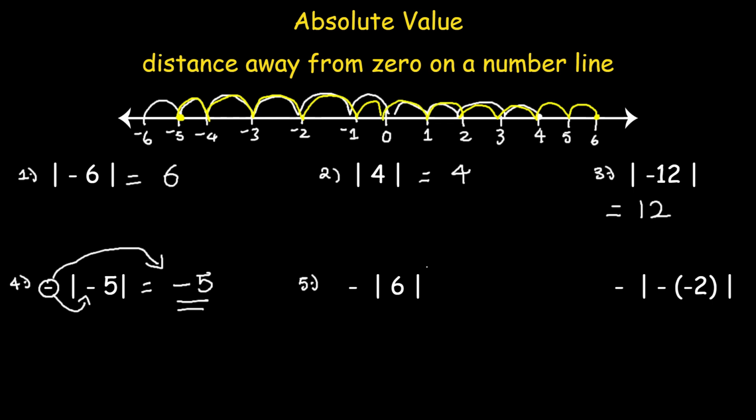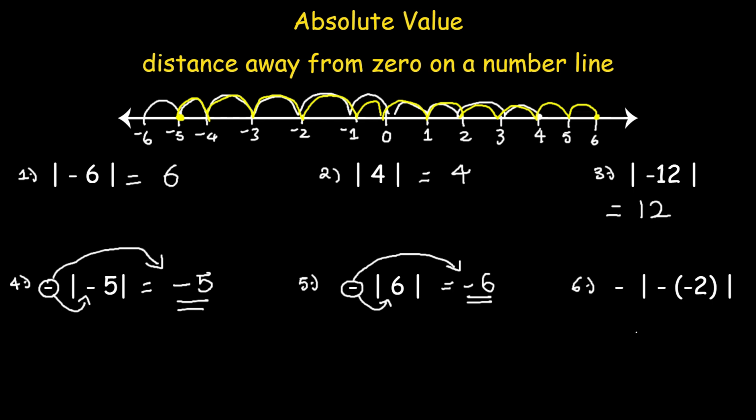So the absolute value of 6 is 6 because 6 is 6 units away from 0. And once again, this negative sign over here is not included in the absolute value. So what we need to do is transfer this negative sign after solving the absolute value of 6, which now we will end up with the answer of negative 6.